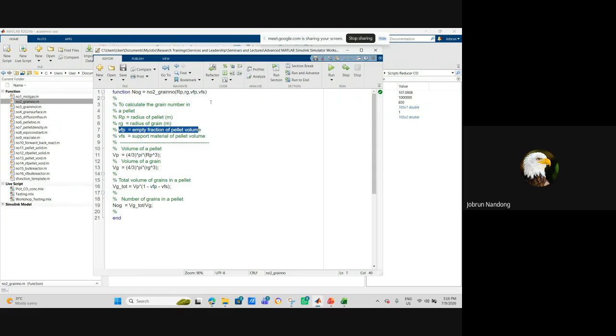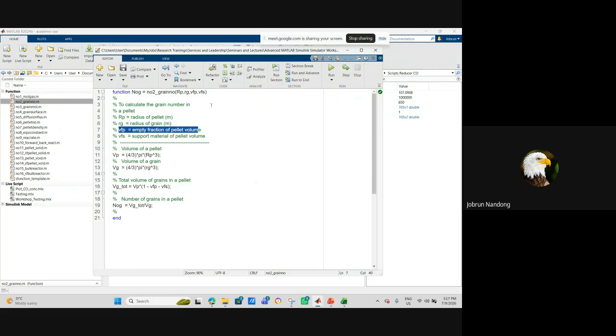And then also in the pellet, when you have an oxygen carrier pellet, you also have a support material. You have to have a support material to increase the stability of the oxygen carrier. One of the support materials that we can use for iron oxide is magnesium aluminate, MgAl2O4. That support material also occupies a certain volume inside the pellet.